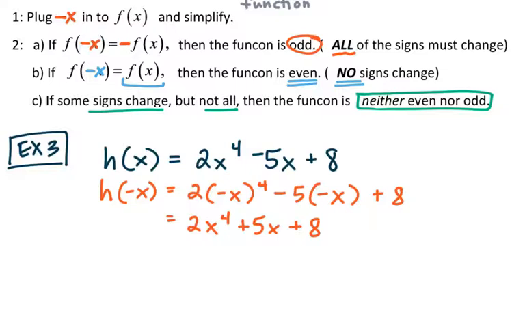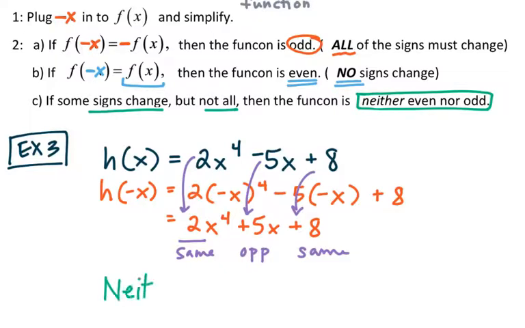So in this situation, if we look at the signs, we have the same, here we have opposite, and here we have the same signs. So you'll notice that some changed, but not all. This function is neither even nor odd.